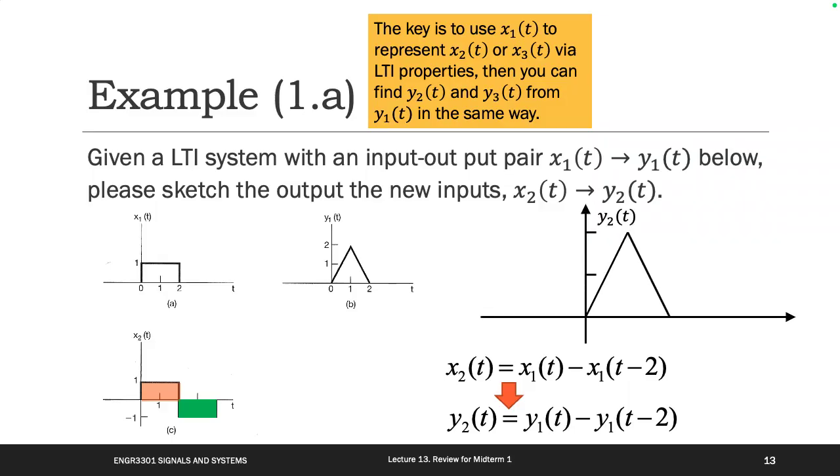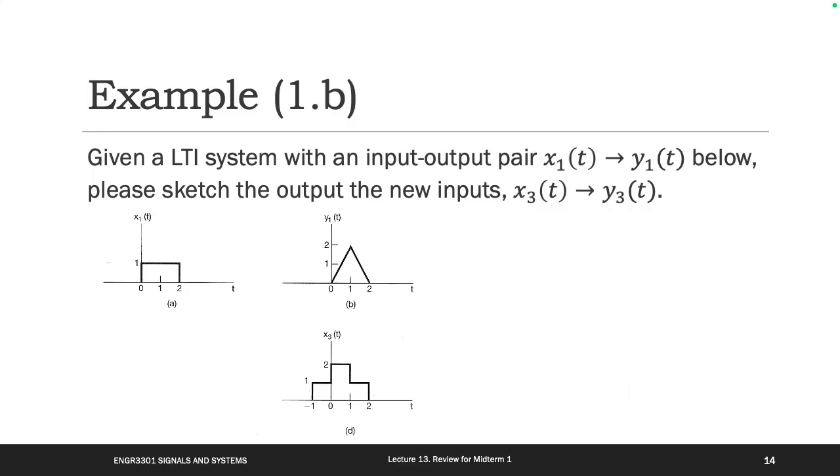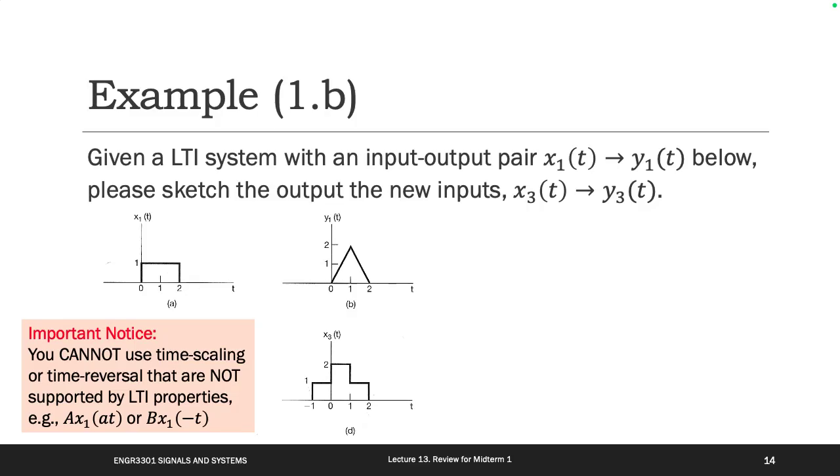Because this is Y1 here, and then this is Y1 shifted and then flipped. That makes sense to you? Okay. Then there is the other example. Let me give you the other one. This is a similar thing.